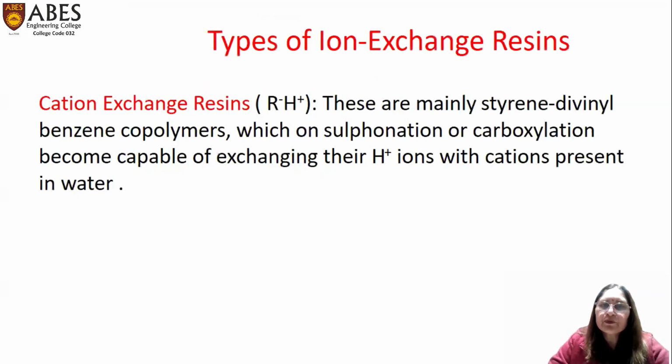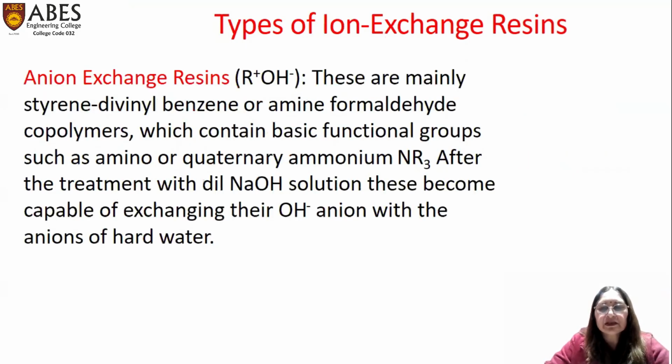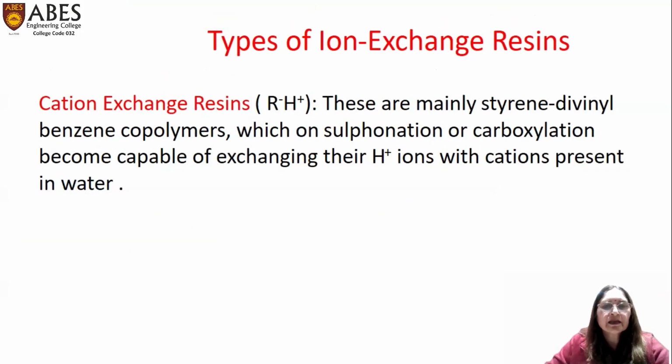How many types of ion exchange resins are there? Ion exchange resins are of two types: number one is cation exchange resin and second is anion exchange resin. Firstly, I'm going to discuss cation exchange resin, and it is denoted by RH+. R is the insoluble polymer matrix and H+ is the acidic functional group.